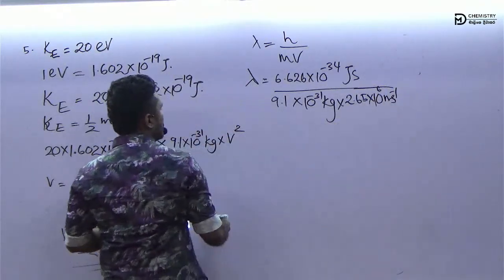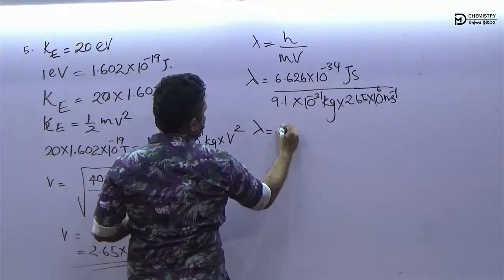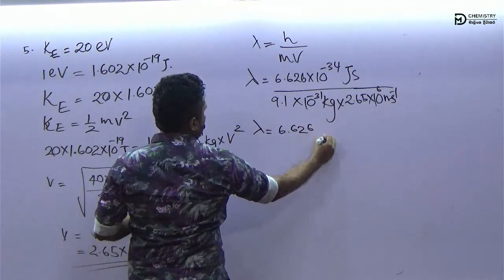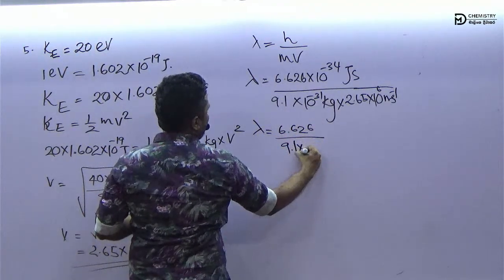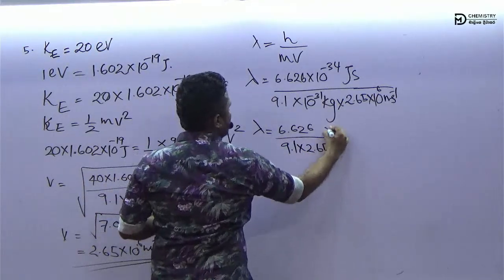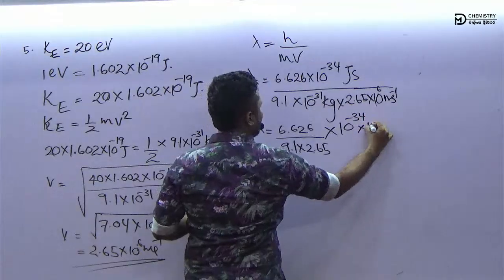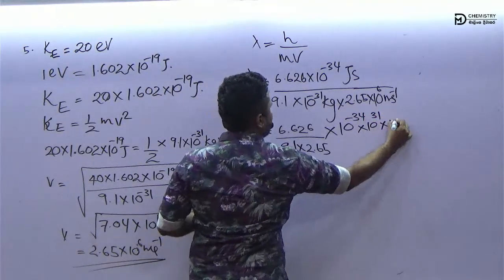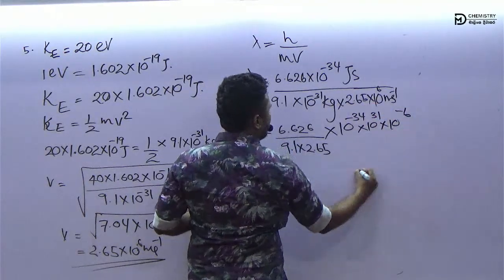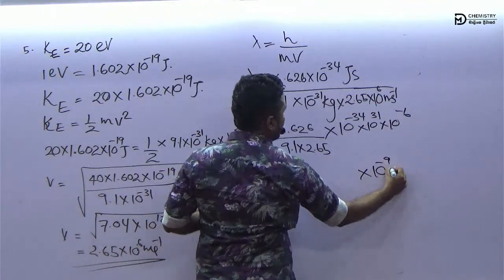So if we simplify, lambda equals 6.626 over 9.1 into 2.65, and the powers of 10 are minus 34 plus 31 and minus 6. Here 10 to the power is minus 9 meters.